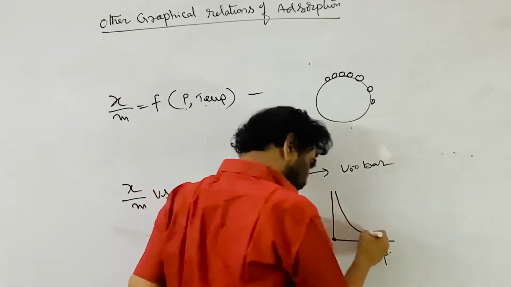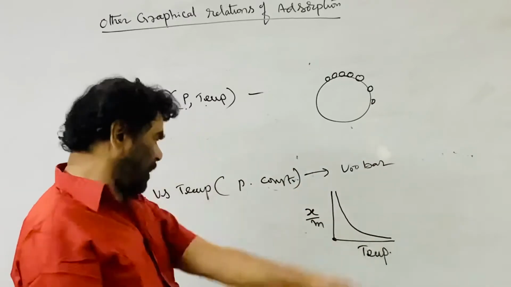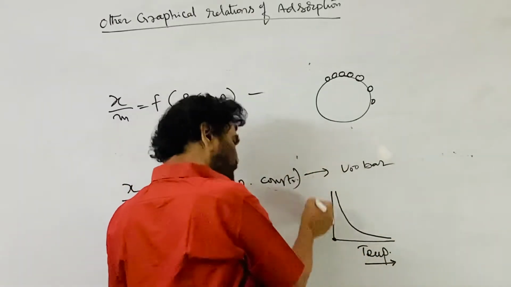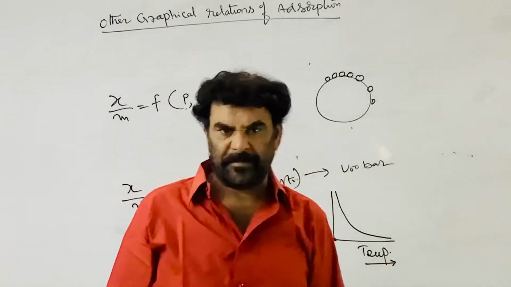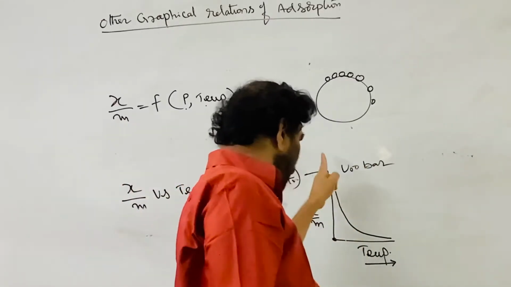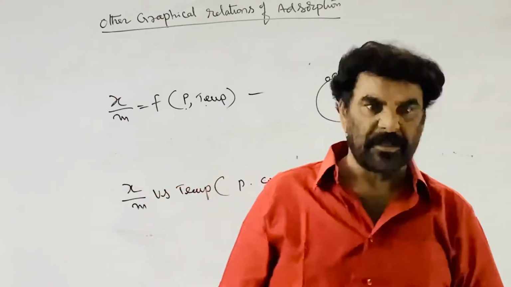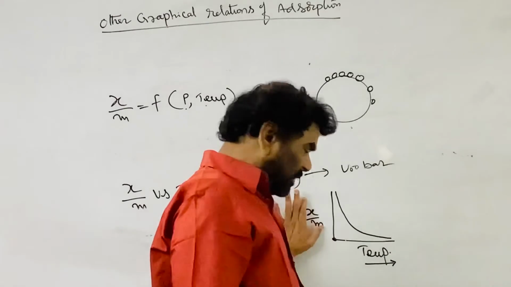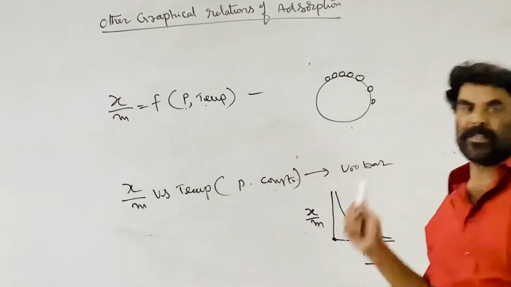Temperature is increasing along the x-axis, and x by m, the extent of adsorption, gradually decreases. This is the adsorption isobar. All observations are made at constant pressure. Now we are establishing the relation between the extent of adsorption and temperature. This is the graphical representation.